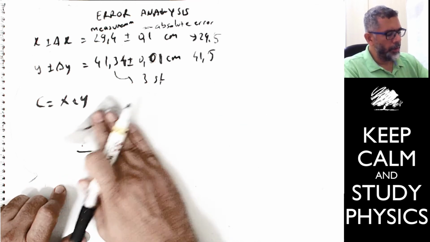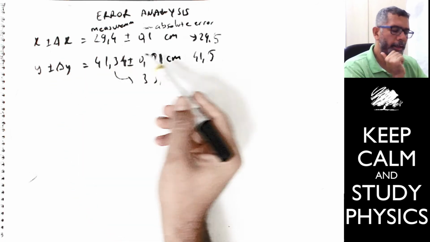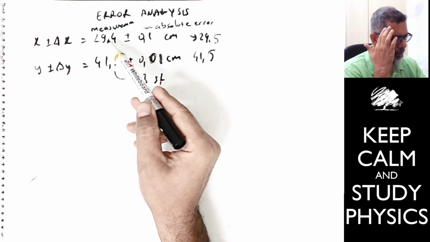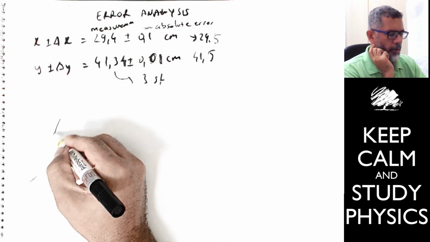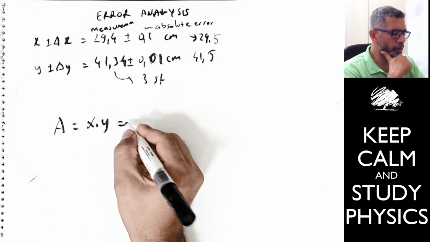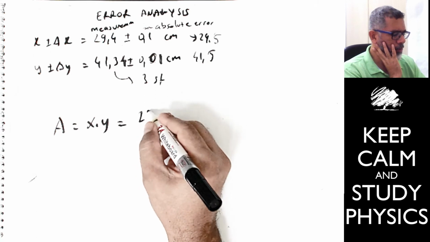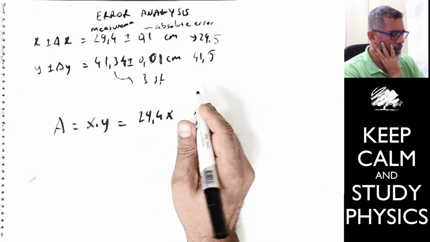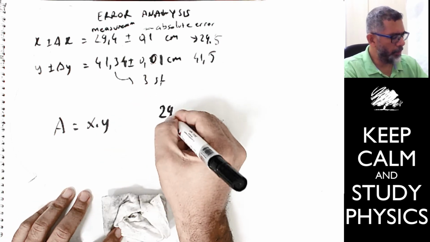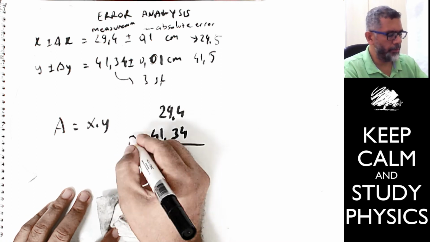All right. Next, suppose you want to calculate the area covered by this notebook, and the readings of your sides are the same again. So area is just x times y, right? Let's calculate this. 29.4 multiplied by 41.34.